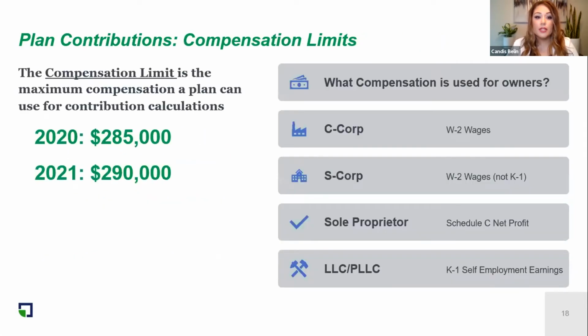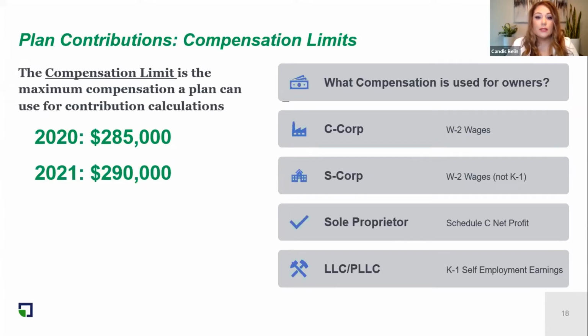Regarding compensation limits, we also have to take those into consideration, and this is just the maximum amount that we can use for contribution calculations. So let's say you make $300,000 and you're deferring a certain amount per paycheck, and you're matching per paycheck. Well, we're not matching on $300,000. We have to cap it at $285,000.